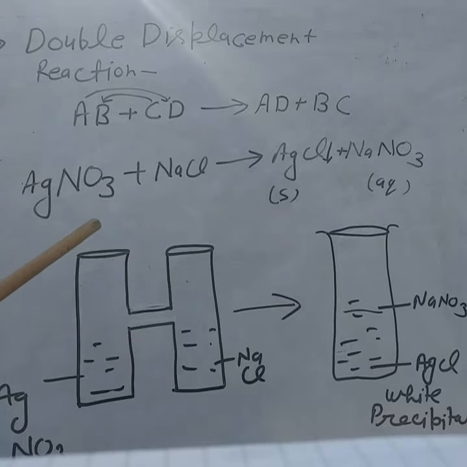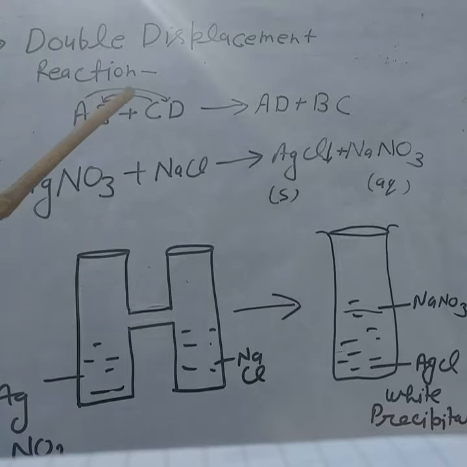The other example of a double displacement reaction is when AgNO3, silver nitrate, reacts with sodium chloride, giving AgCl, silver chloride, and NaNO3, sodium nitrate.